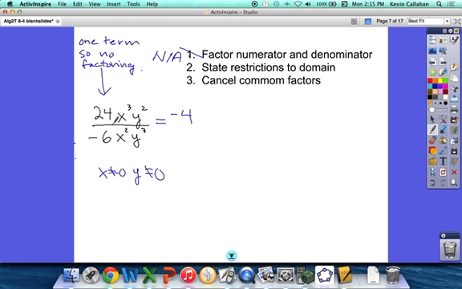So it gives you an x to the first in the numerator. And what about y squared over y to the third? If you subtract, 2 minus 3, you would have y to the negative 1. But then you'd have to get rid of the negatives. And how do we get rid of negative signs in the exponent? You flip to the other side. So this becomes negative 4x over y.